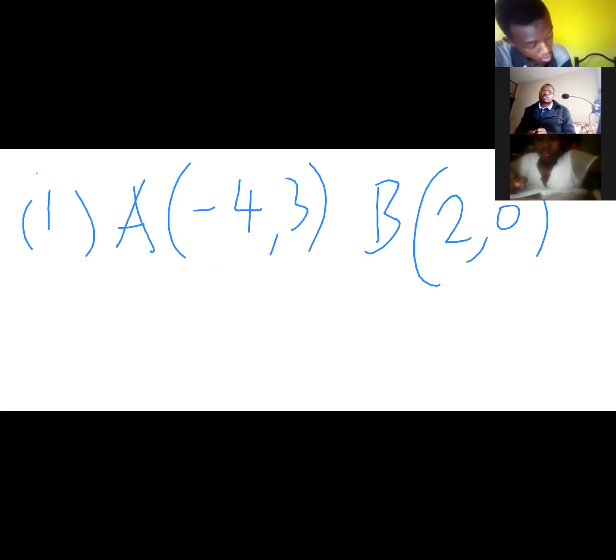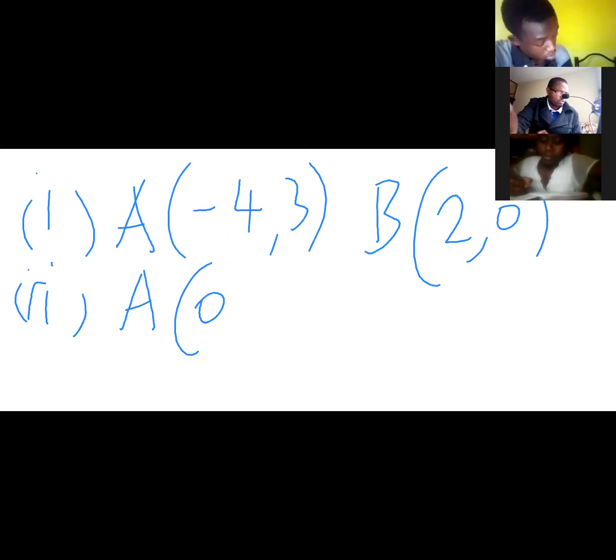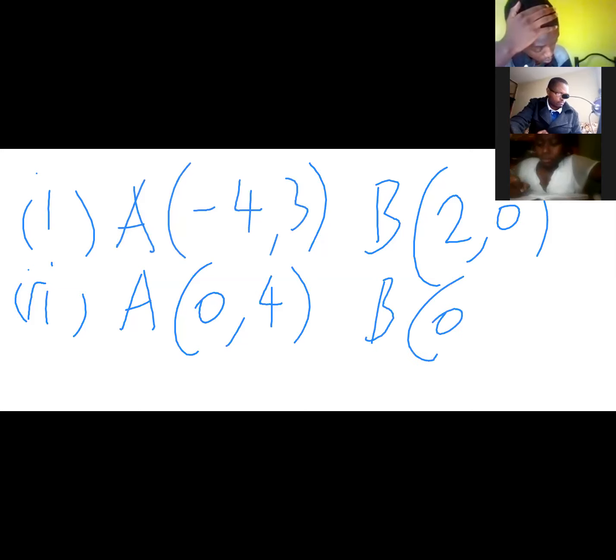That is question 1. Then question 2, A is 0, 4. Then B is 0, -2. Write that. And then question 3.